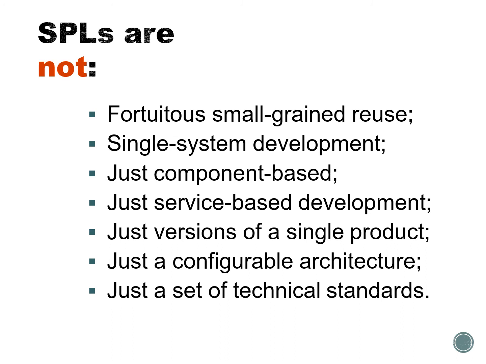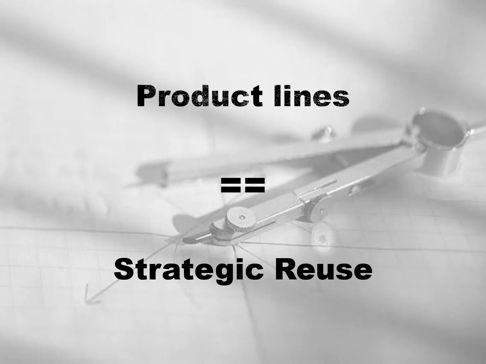Of course, if we want to reuse software or assets from our previous products, that's understandable, and that's a good way of recycling or avoiding unnecessary duplicate work. But the software product line approach is a bit more than that.